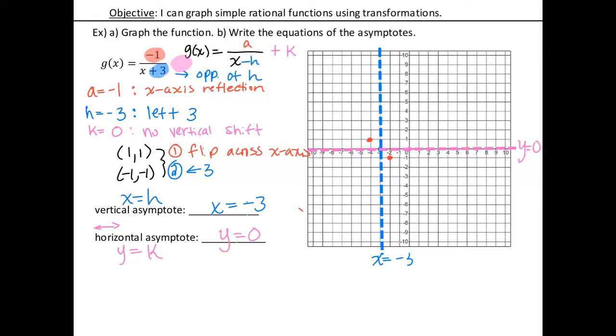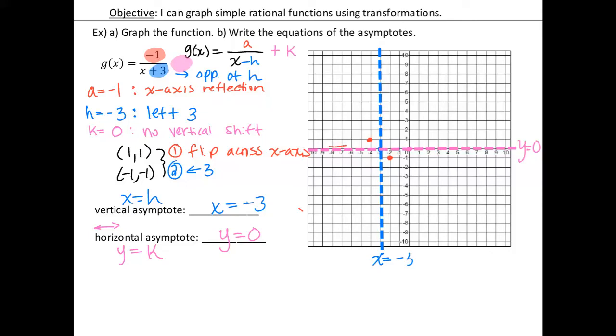And again, notice my 2 points are across from each other. That should always happen. So to draw your curve, start next to the asymptote, go through the point, and end next to the other asymptote. Next to the asymptote, through the point, next to the other asymptote. Question?